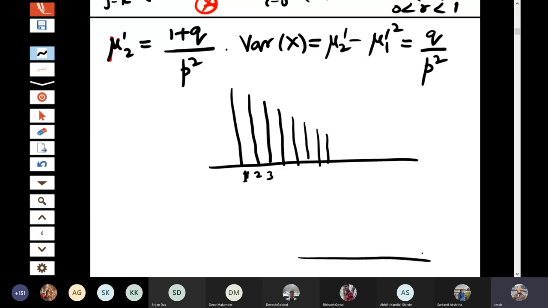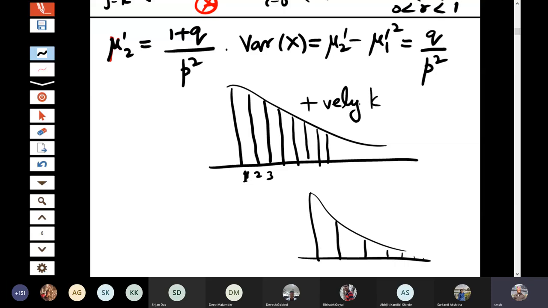So it will become like this one, then next one will be like this, and so it will decrease very rapidly. Okay, so in all the cases, whatever be the thing, it is always positively skewed. So I am not actually looking at the third moment and so on, because you can immediately make out from here.